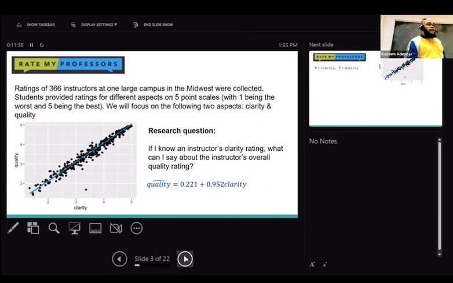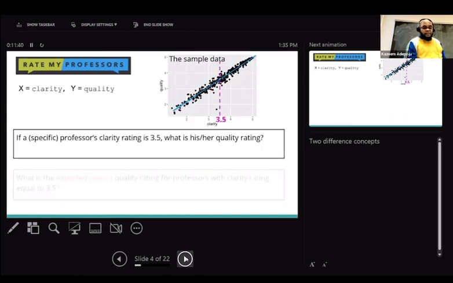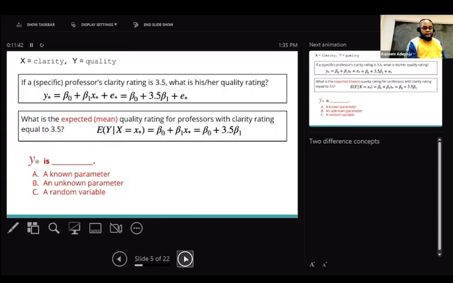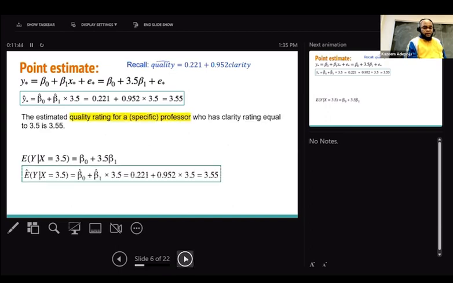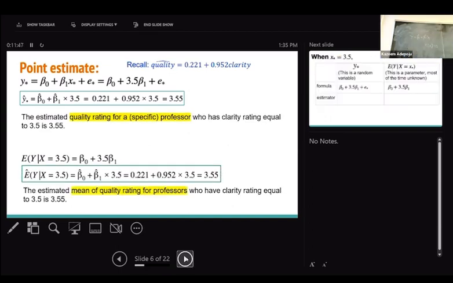It doesn't matter whether there's an error in it or there's no error in it, which I'm going to show you now. Do you see that? In the first one, when I plug in 3.5, I got 3.55, right? In the second one, when I plug in 3.5, I also got 3.55.